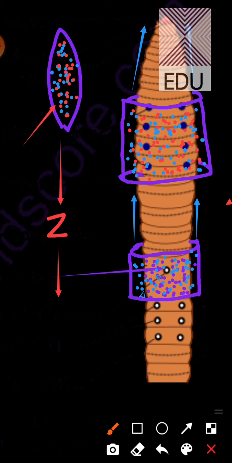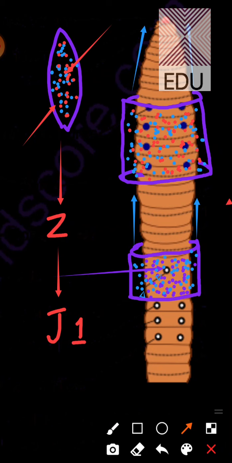So the zygote will form a juvenile which is one in number. That means in spite of there being hundreds of eggs in this ootheca, only one earthworm will develop out of this single ootheca.